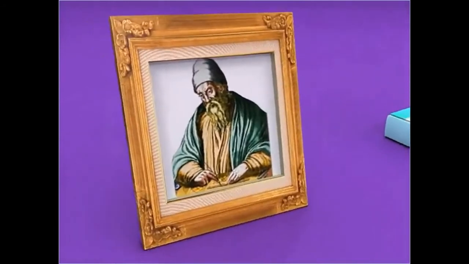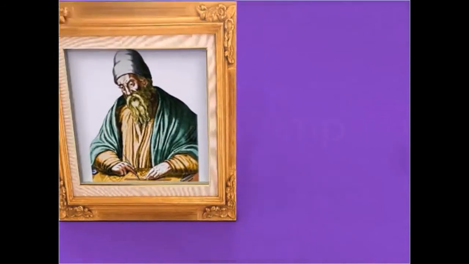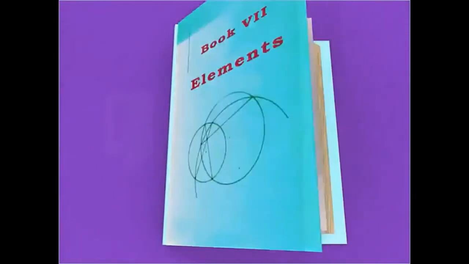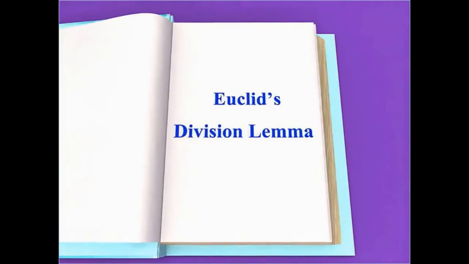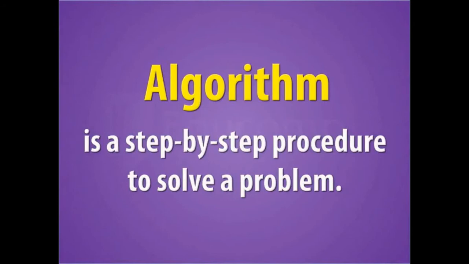Euclid's division algorithm is named after Euclid, a Greek mathematician, and it is based on Euclid's division lemma. It is important for you to know that algorithm means a step-by-step procedure to solve a problem.